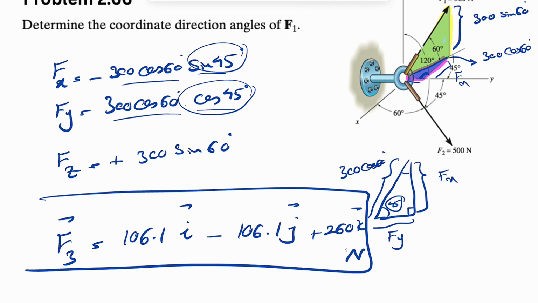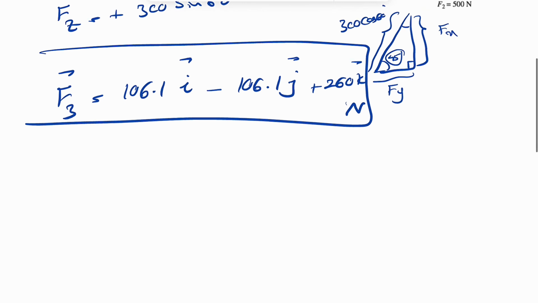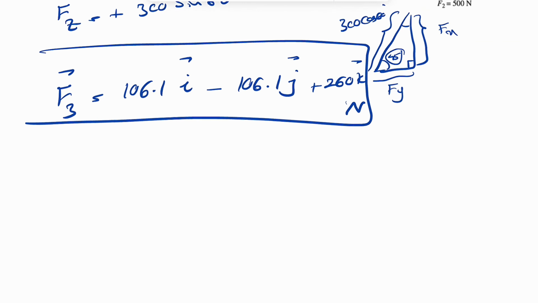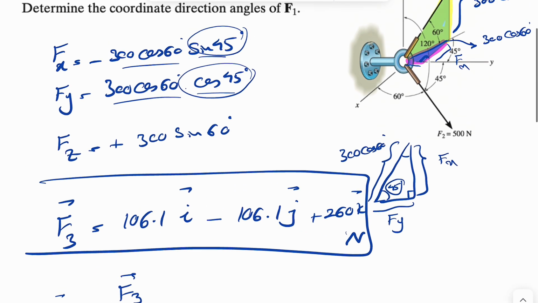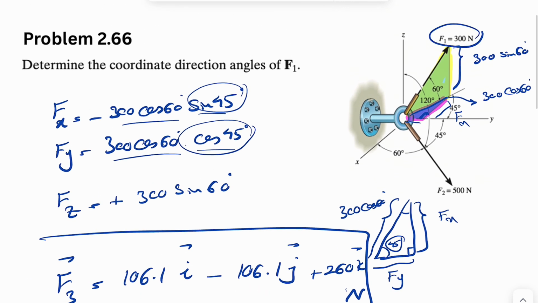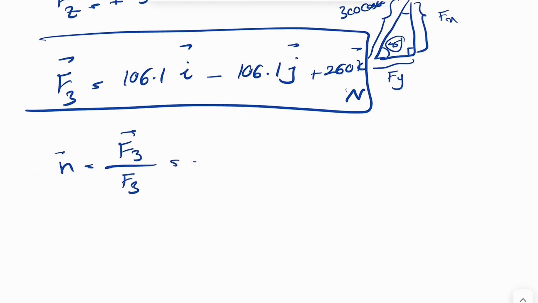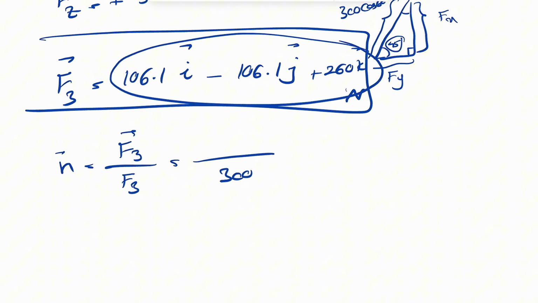What the question is asking for is the coordinate direction angles, which are basically found from the unit vector of F1. We can show it with n, which is basically F1 over the magnitude of F1. First of all, we know from the question the magnitude of F1 is 300 newtons, so it's going to be 300 in here, and what we have in the numerator is basically this.